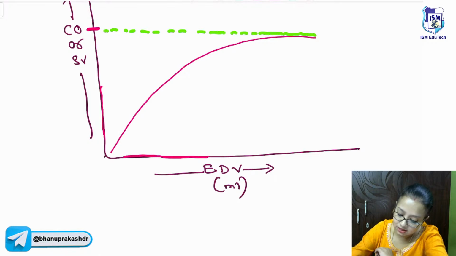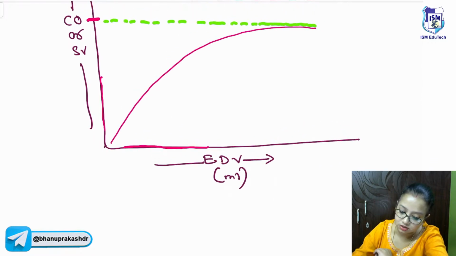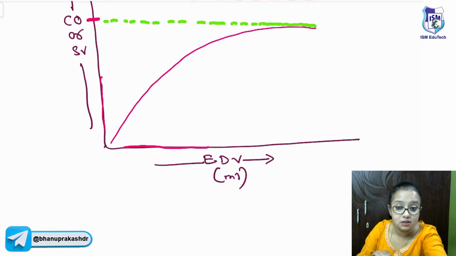So the initial explanation, that with increase in the end diastolic volume there is increase in the cardiac output or the stroke volume, is called the Frank-Starling law.